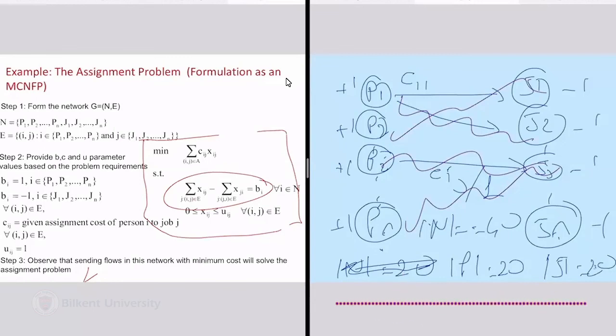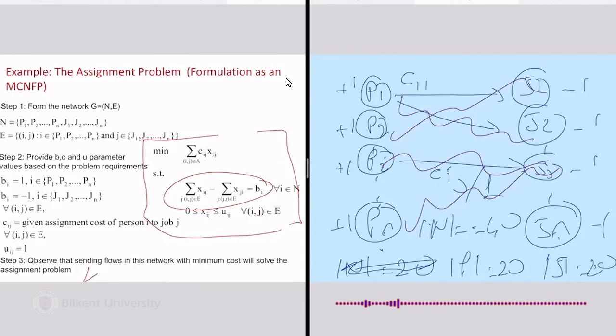But for certain applications like this assignment problem, there is no network. But we can create a network and assign appropriate parameters so that solving MCNFP over this created network will actually solve my assignment problem.